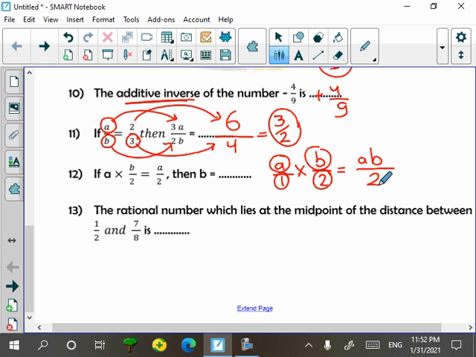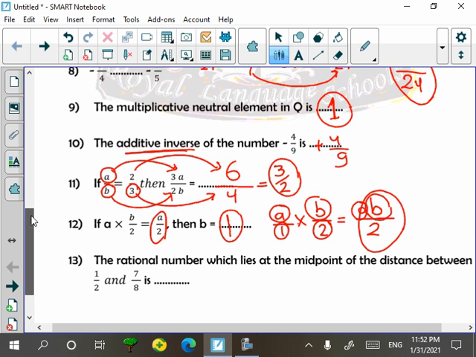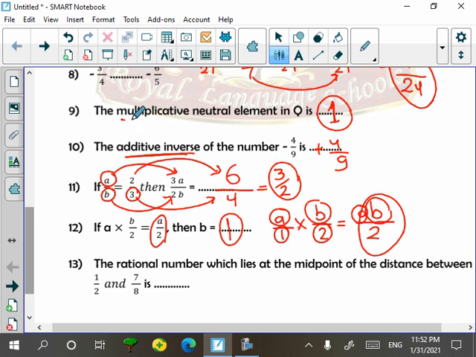And the answer here is A over 2, and the answer here is AB over 2, then B equal 1, because A times 1 will be equal A, like number 10, number 9, the multiplicative neutral element in Q is 1.